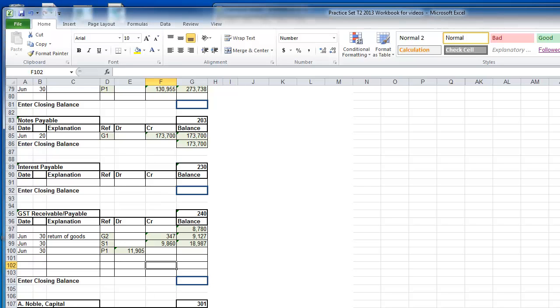So we've collected some GST that we owe to the ATO, but we've also paid some GST which will come back to us as a credit. So 18,000 minus the almost 12,000 we paid. So at this stage we only owe them $12,000. So that's a liability of 12,000 credit. And again, I'll have to go back to, that's 240.